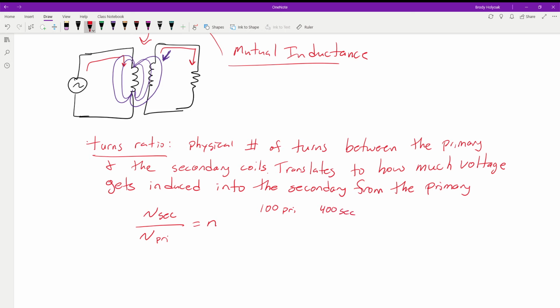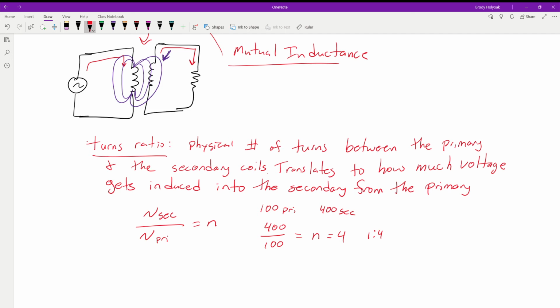This means we have 400 over 100, or a turns ratio equal to 4. Another way to look at it is a 1 to 4 ratio. For every one winding on the primary, we have 4 windings on the secondary. And that directly translates into how much voltage our circuit is going to have.